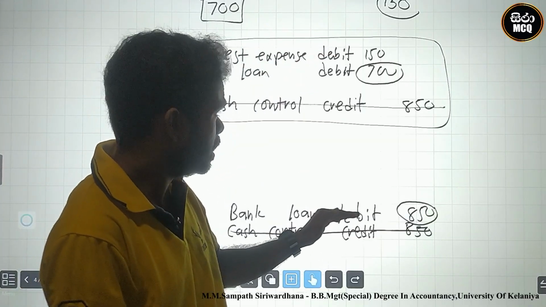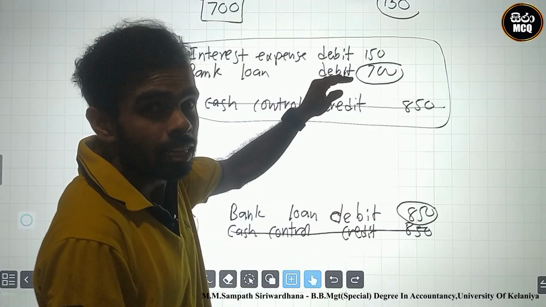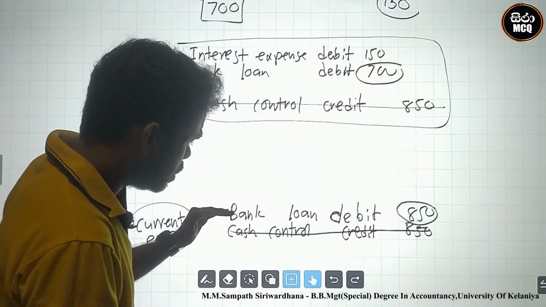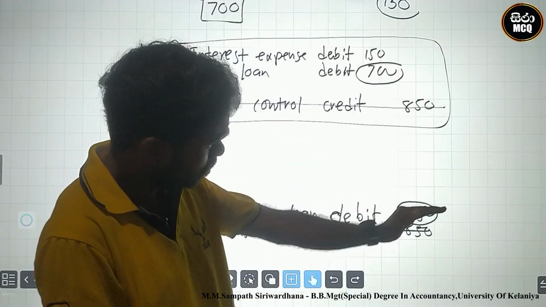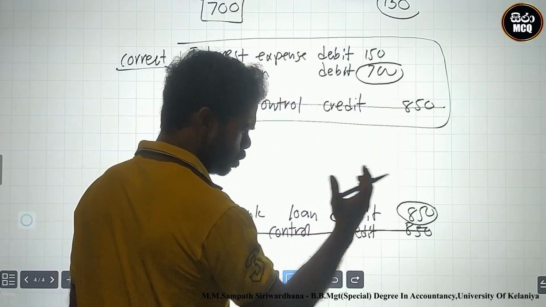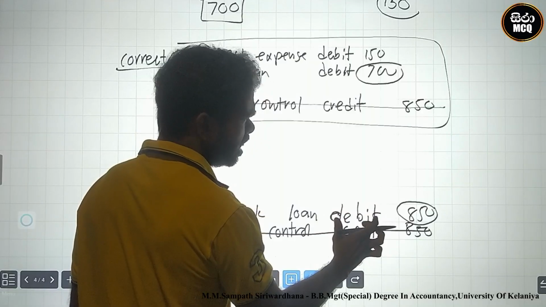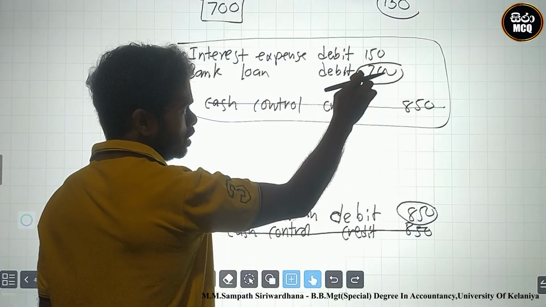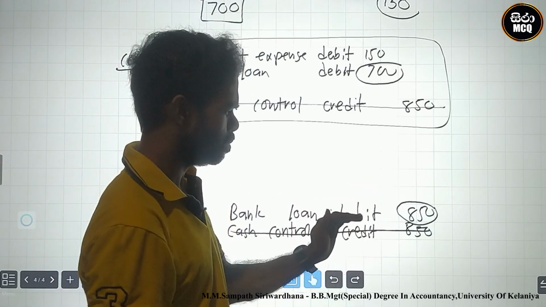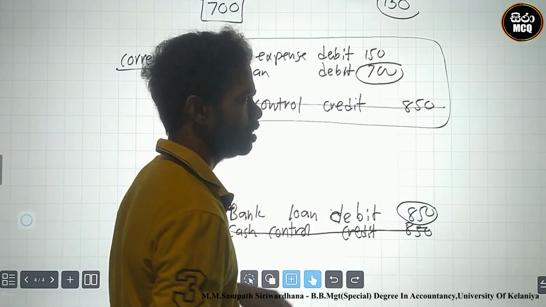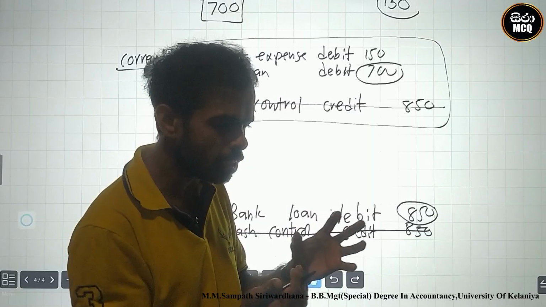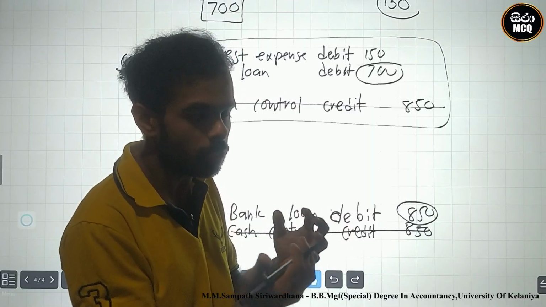There is too much debit. Therefore, we must use the opposite side. The debit is higher, therefore we use the opposite shot to deduct this.